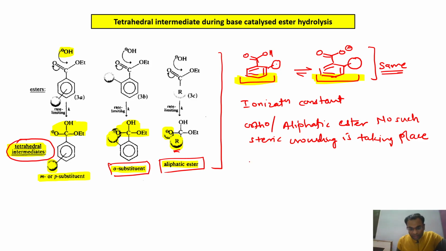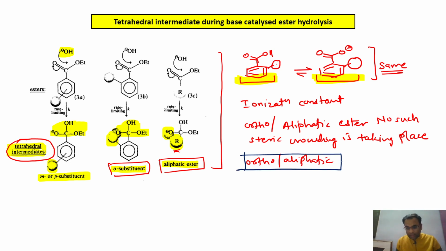So in case of ortho and aliphatic ester, one of the reactions, that is base catalyzed ester hydrolysis, or the rate constant of this base catalyzed ester hydrolysis, depends upon polar effect as well as steric effect.